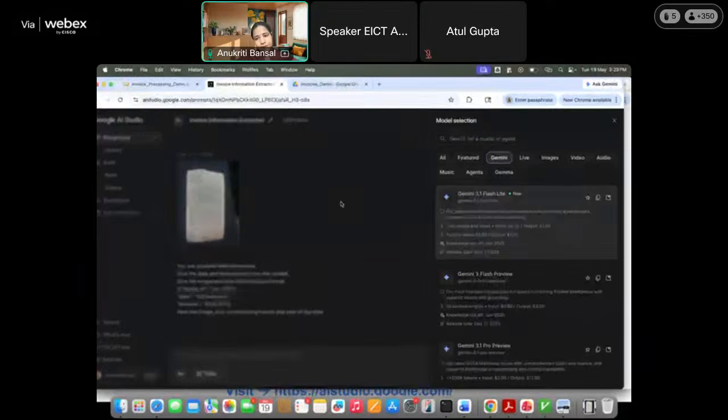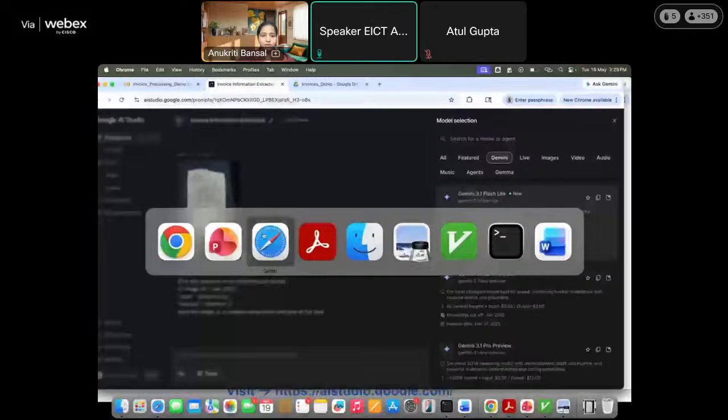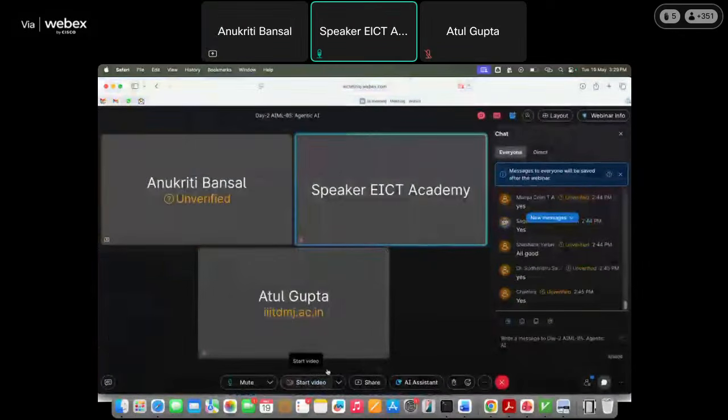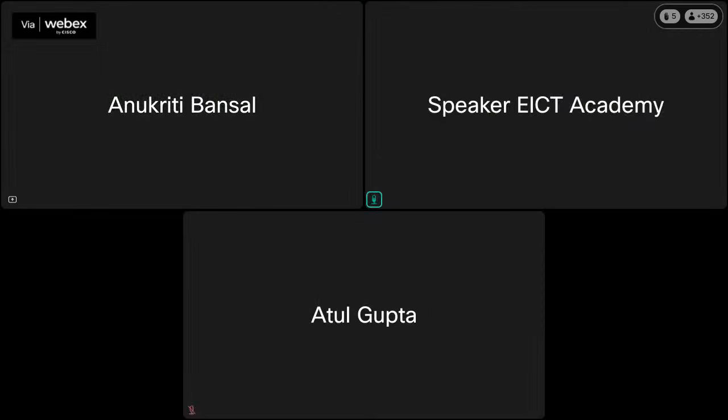Maybe it is a feature of Gemini Pro, because I am sharing a certain screen, so due to security concerns it is hiding some information. Even in your presentation, it was happening in between. Maybe you can turn off your video for some time and then continue. Okay, let me lower the resolution.